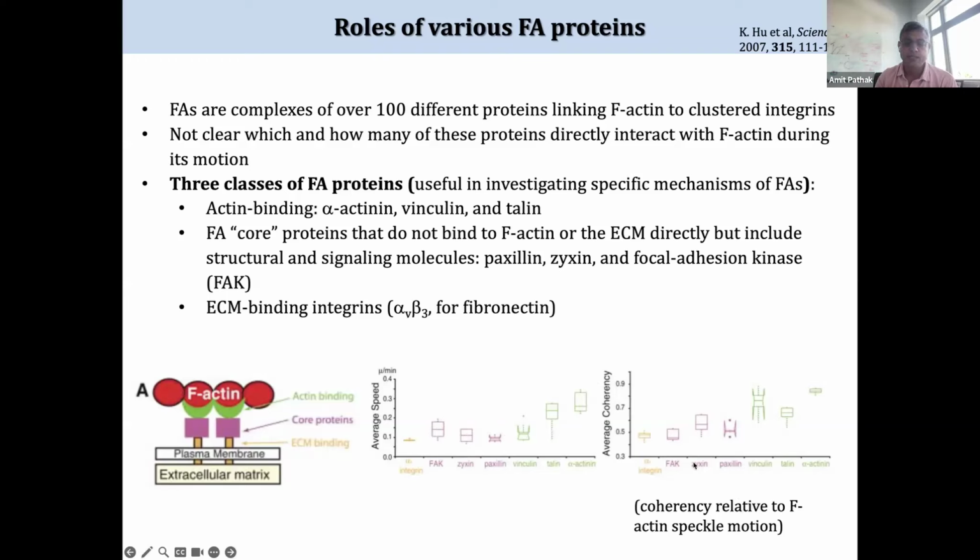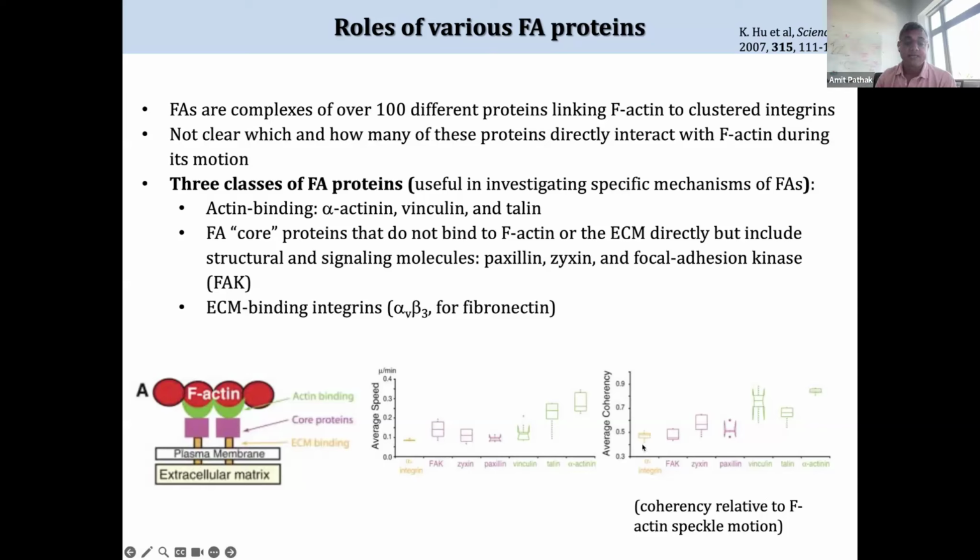The average coherency here measures how strongly the motion of this protein, the colored ones, relates to the speckles that are labeled on F-actin. So how strongly are they correlated? That is another way to categorize them. Vinculin, talin, alpha-actinin are very strongly correlated. Their motion is strongly correlated to the motion of F-actin, which is why they're actin-binding proteins.